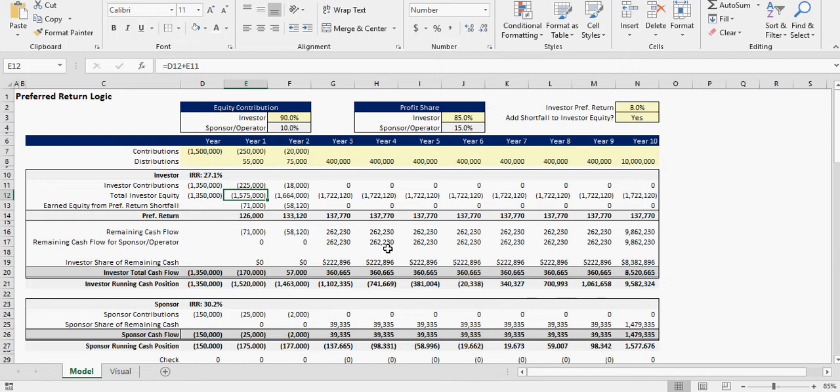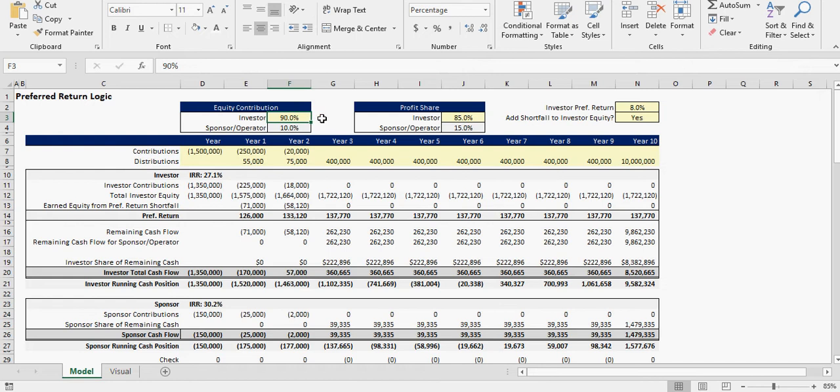So what we're saying here is the profit share could be different than the equity. This is pari passu if the cash you get back is based on the cash you put in. That's what you could do if you just set this equal to this.